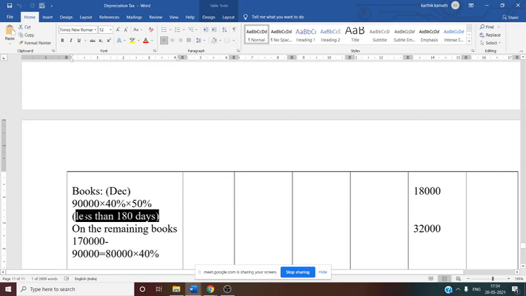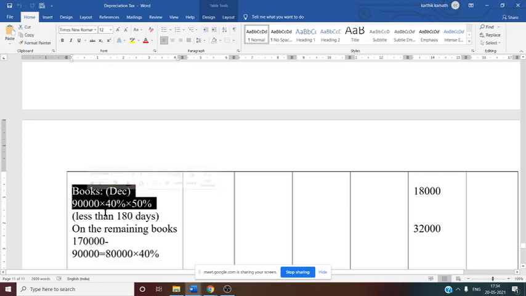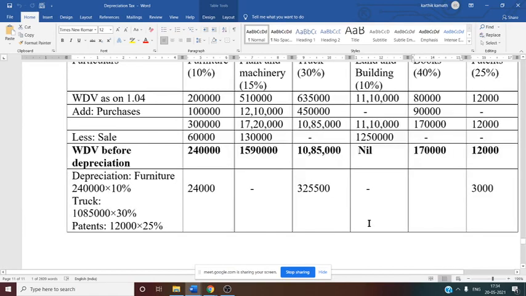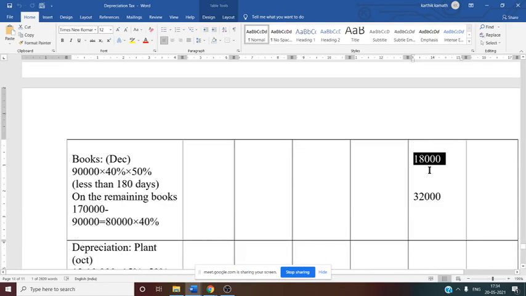Since book is purchased in December, to March is approximately 120 days, which is less than 180 days, so you need to charge half of the depreciation. So 90,000 into 40% into 50%, or directly 90,000 into 20%. Answer is 18,000. Under the book column you need to write depreciation 18,000.